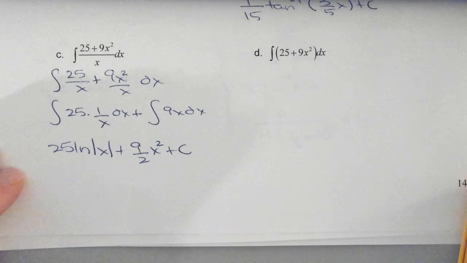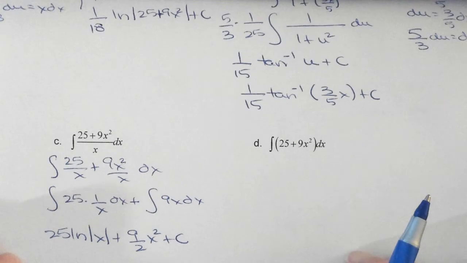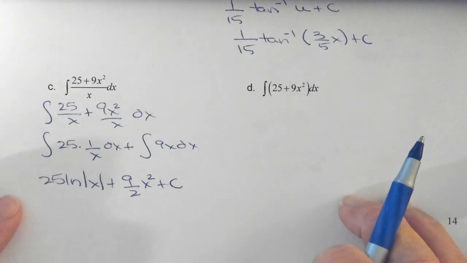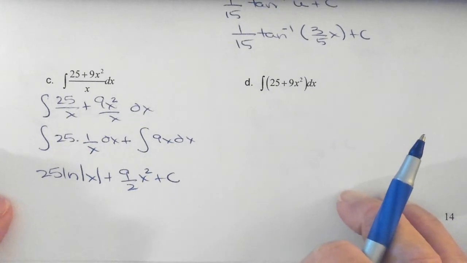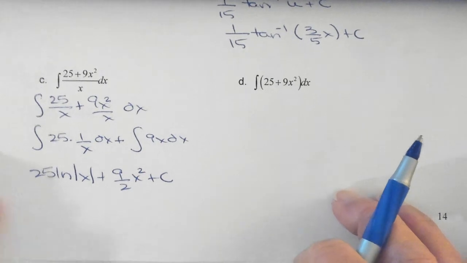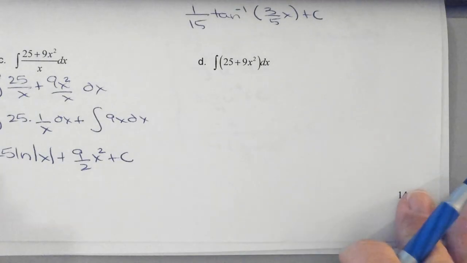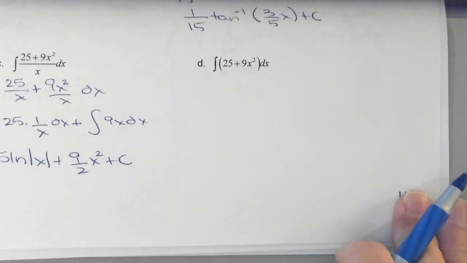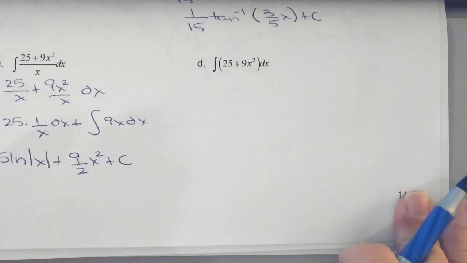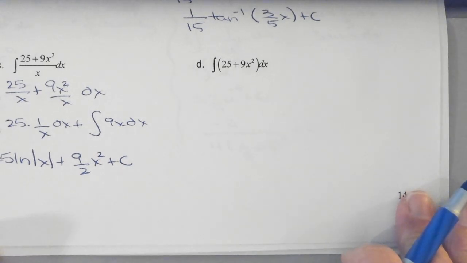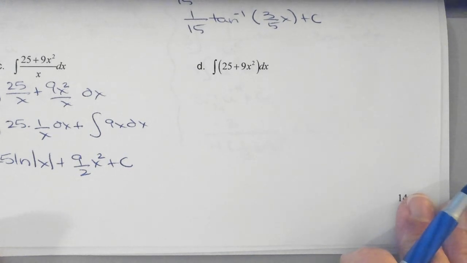So far, look at all your answers. They don't look the same at all, do they? Here's the easiest one of all. How do I tackle this problem? It's a sum. You literally just take the integral of each term, even if there were 15 terms.